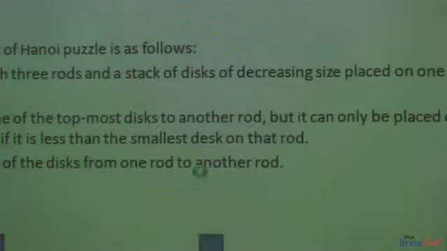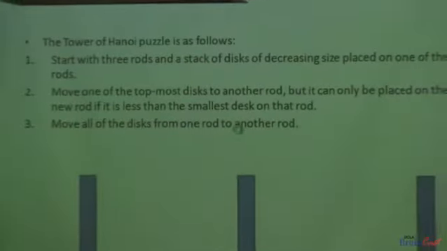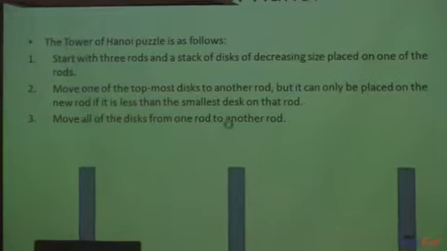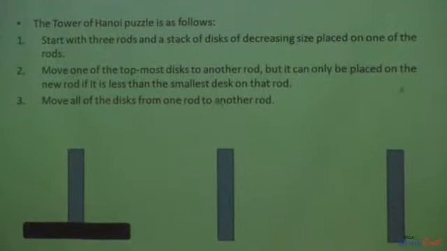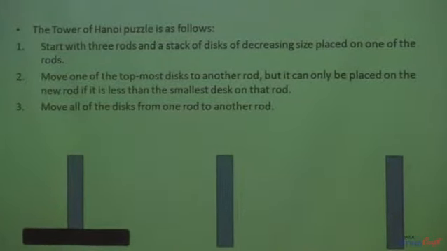It's called Towers of Hanoi. This is in your book, and you've probably heard of this, maybe even in elementary school. You start with 3 rods and a stack of disks of decreasing size placed one on top of the other.